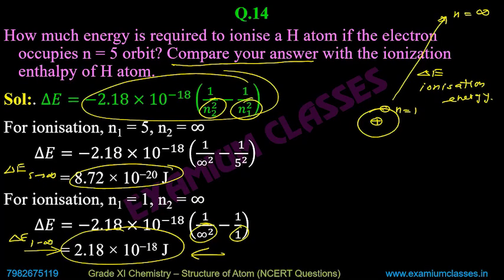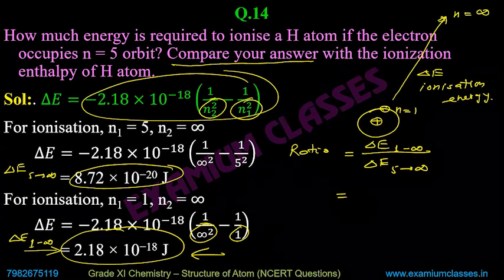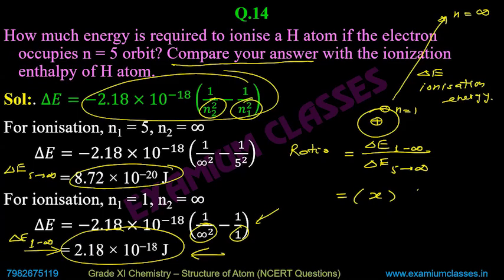This gives you the flexibility to calculate the ratio. So you will say hence the ratio will be delta E 1 to infinity divided by delta E 5 to infinity. When you calculate that ratio, you need to state that the ionization enthalpy is this many times the energy required to transfer an electron from fifth to infinity.